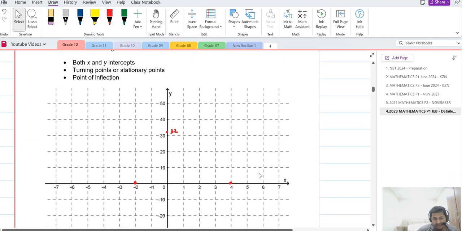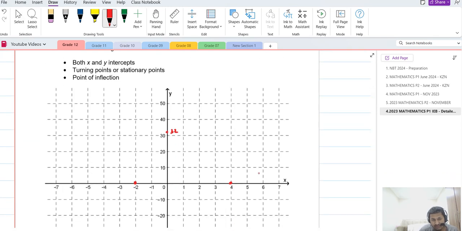At 0 I've got a turning point, and if I substitute 0, I'm going to get 32, right? So 0 and 32 is my turning point, and that's a maximum. And then this graph is going to come down, so we know what our maximum and minimum is.